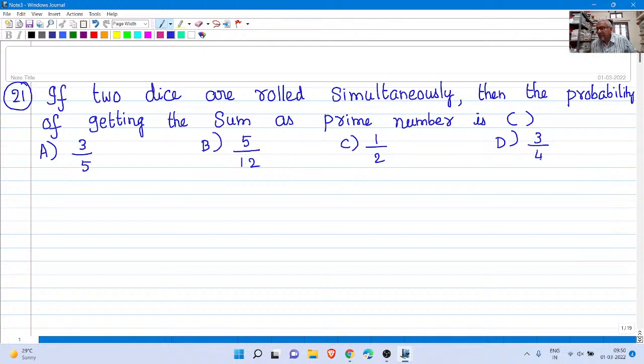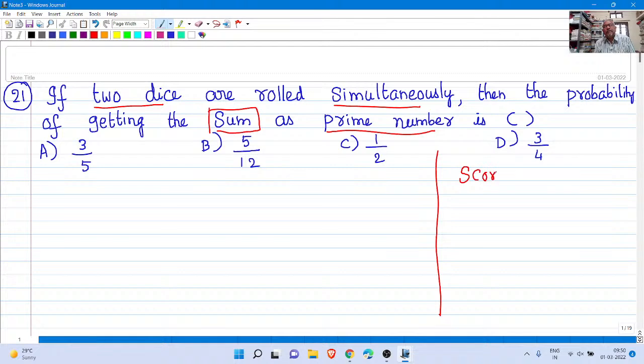So let's have a discussion on this one. Actually, I would like to explain the super shortcut for this one. If two dice are rolled simultaneously, then the probability of getting the sum as a prime number, so the keyword is prime number. When two dice are rolled, the score ranges from 2 to 12.